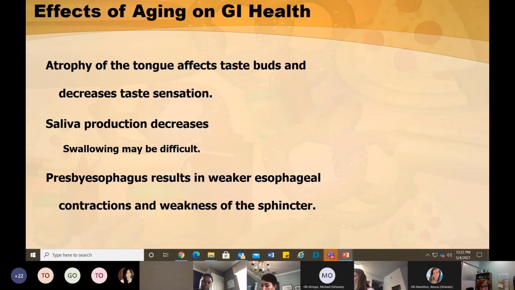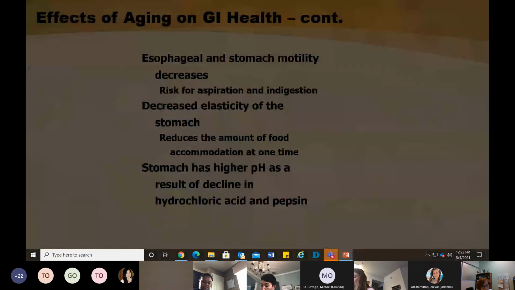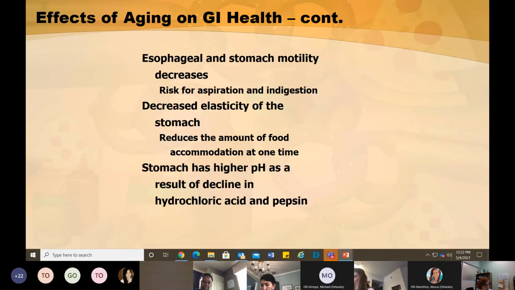Yes, because the food is kind of stuck in the back of their throats, and there's a good chance because of the muscle issues that they can aspirate. And don't forget your aspiration precautions from way back in fundamentals. Tuck the head, tuck the chin, those types of things for our patients if they have these issues. But lots of issues can affect aging, especially these types of issues. And I think I've talked a lot about that here.